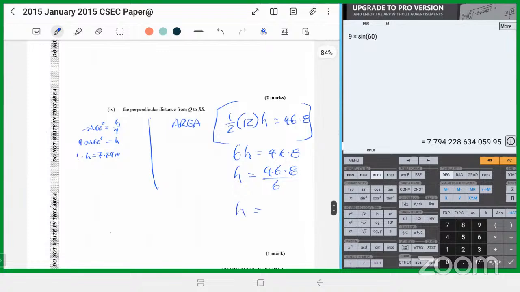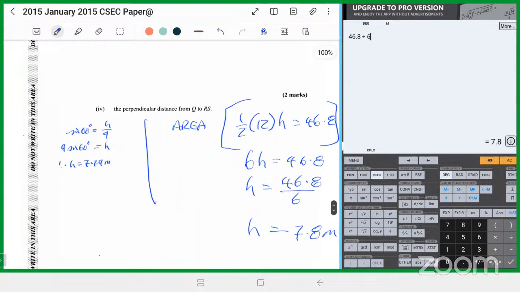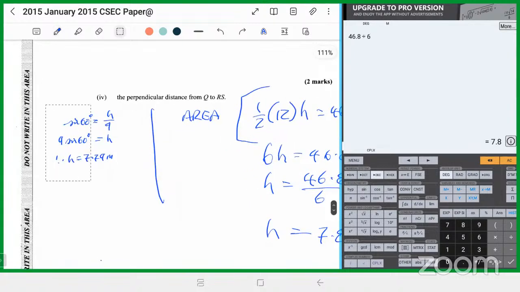Supposed to get the same thing. 46.8 divided by 6, see, 7.8. Because we corrected these figures, we're getting 7.8 meters, which is the same 7.8 that this is really, if you correct it to small places.